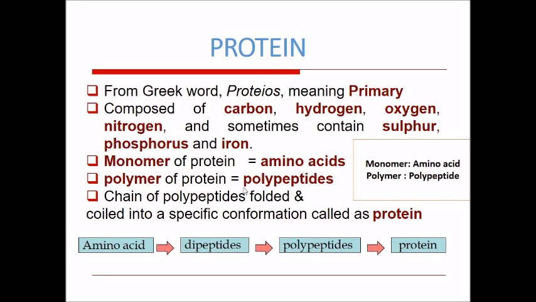So the chain of this polypeptide will be folded and also coiled in structure, and thus form a specific structure known as the protein.